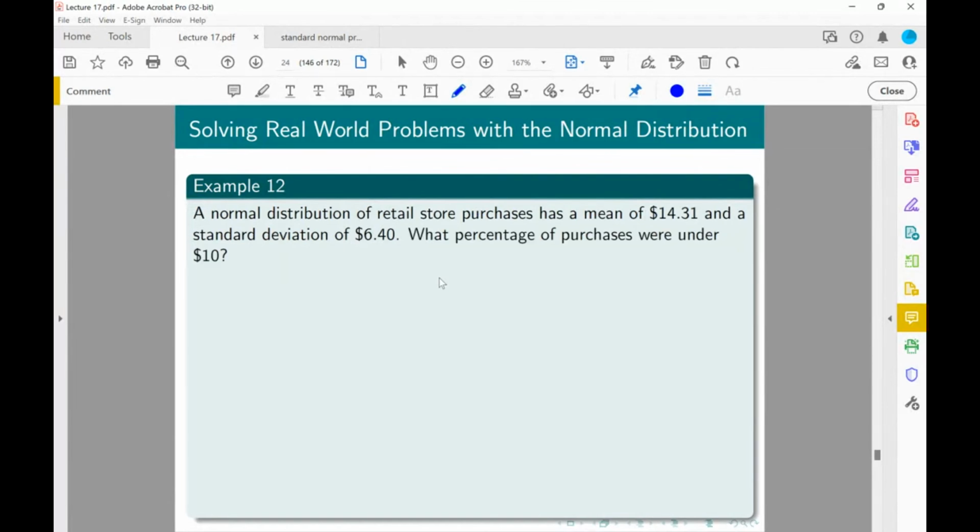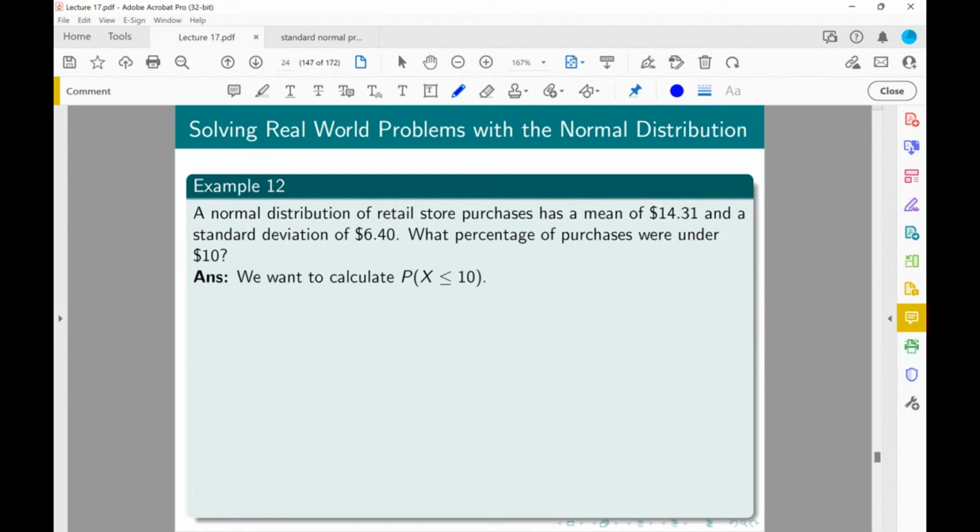Well, given the average is about $14, what's the percentage of purchases that were under $10? We want to find the probability that our random variable, the purchases, is less than 10, given this mean and this standard deviation. So we want to calculate this value.